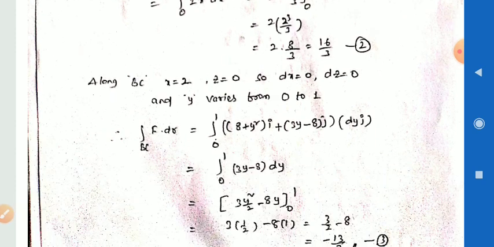Along BC, x is equal to 2, z is equal to 0, and by differentiation, we get dx is equal to 0 and dz is equal to 0, and y varies from 0 to 1.